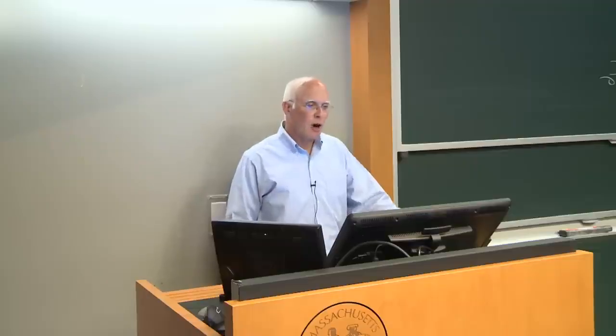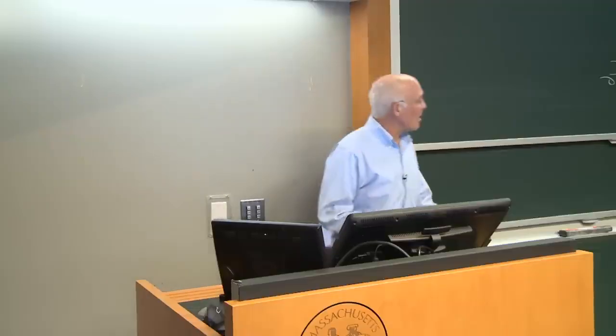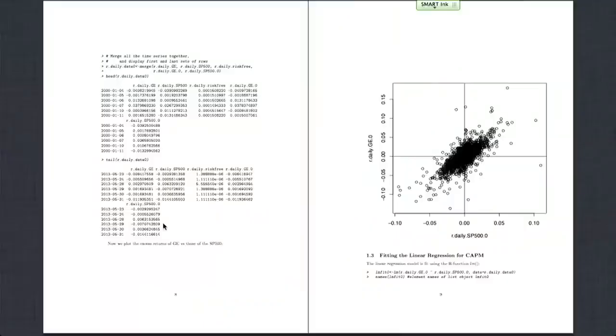So we can fit this model, and here's a plot of the excess returns on a daily basis for GE stock versus the market. That looks like a nice point cloud for which a linear model might fit well, and it does.